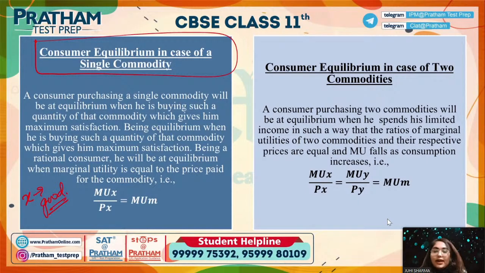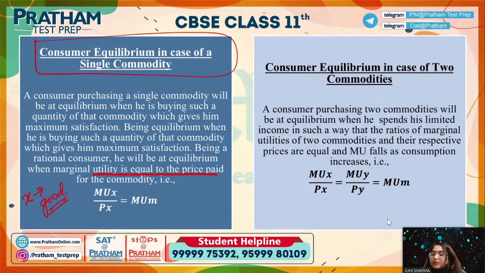Consumers are rational, right? हम बहुत smart हैं. So being a rational consumer, वो equilibrium को कहाँ होगा? जहाँ पर marginal utility जो होगा वो equal होगा to the price he has paid for the commodity. तब जाकर उसको satisfaction आएगा कि भाई जहाँ पर उसका marginal utility जो आ रहा है, जो उसका want satisfying power जो आ रहा है, वो equal हो जितना उसने price pay किया है, right?